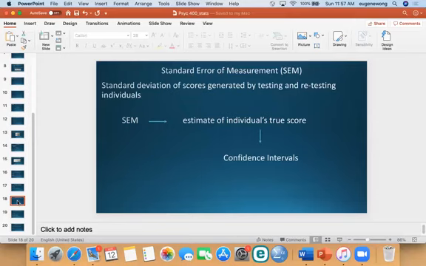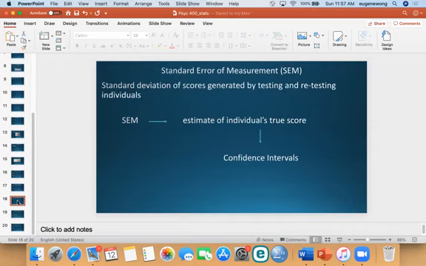Just pretend that we are going to take a group of people and we're going to administer some test multiple times. If every individual was given some test multiple times, it is very, very likely that for any one individual, his or her score would not be the same on each of the administrations.